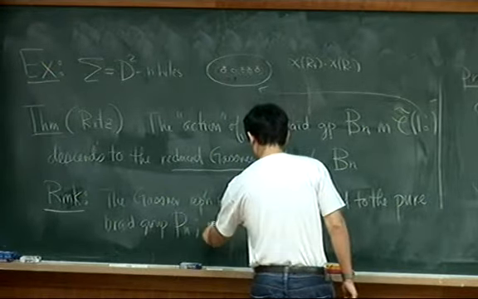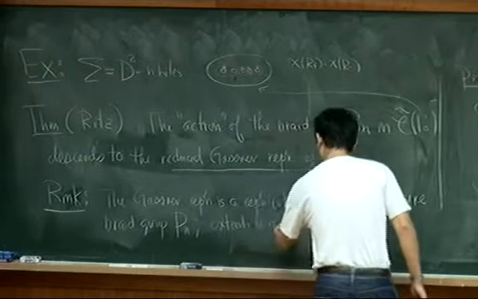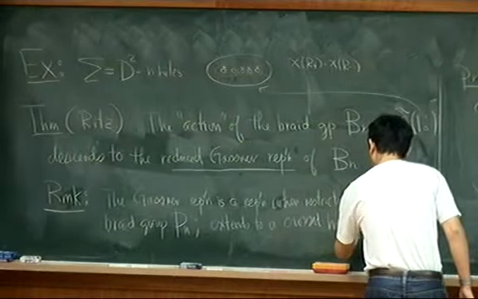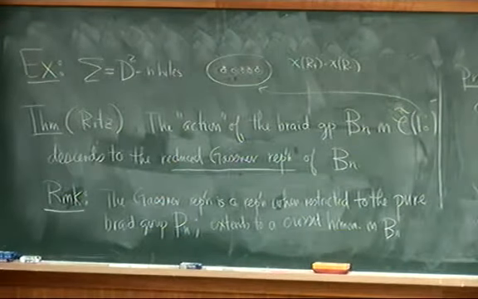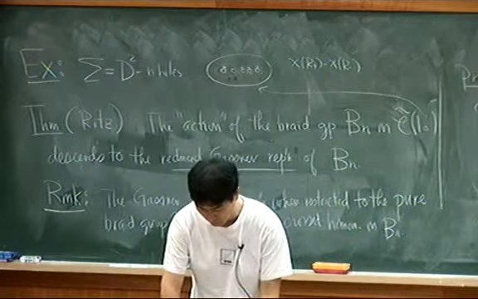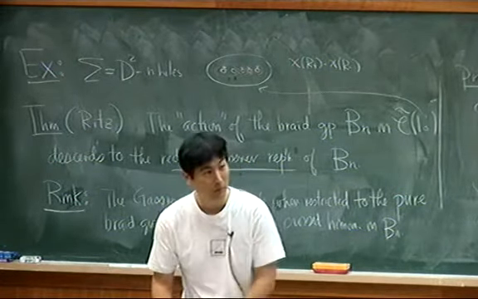So it extends to a crossed homomorphism on the braid group. Okay, so maybe that's all I'm going to say about representations. Is that okay?